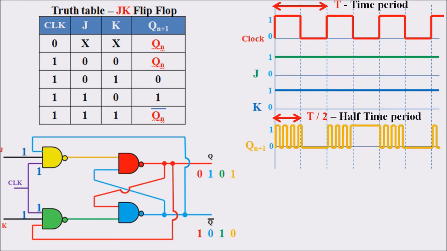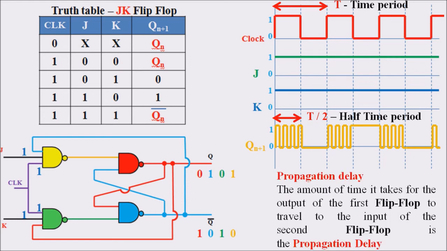So before going to this propagation delay, let us consider the half time period. That is, if the time period is T, then the half time period will be T by 2. Since we are considering a level triggered circuit, that is, this JK flip-flop is working with a clock signal of 1, we should consider the half time period of this particular clock signal. So T by 2 represents the half time period.